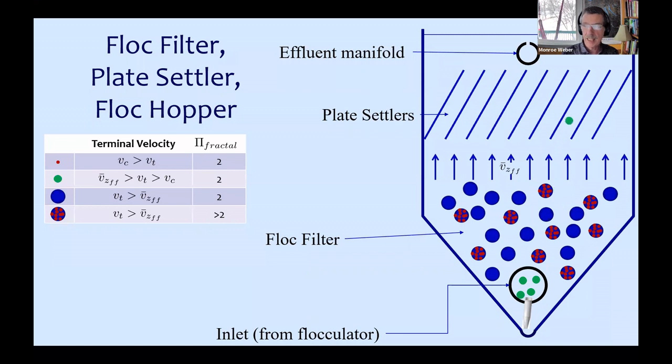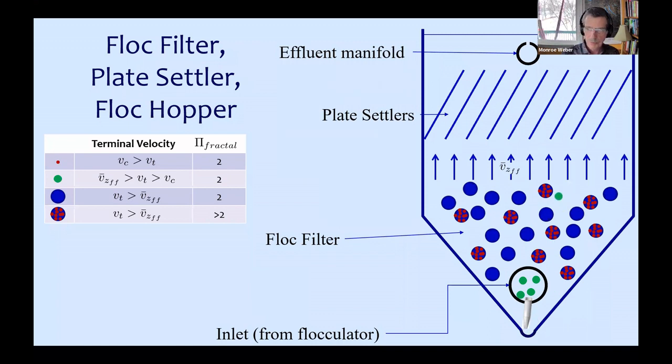Okay, so now we're going to look at what happens to these green guys. Those green guys go right up through the flock filter because they don't settle fast enough. And then, oh, what's happening now? There was an avalanche on the plate settlers, and they converted. Did you see that? This is one of the key conversions that happens inside the system. So let's do that again.